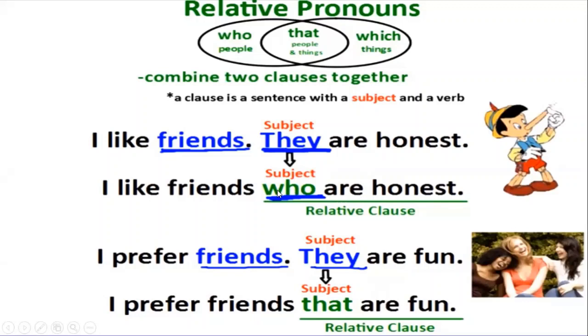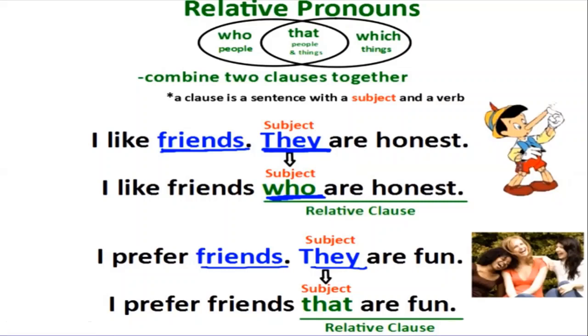If you have the combination relative pronoun and verb, then this is a subject relative clause, right? Like here, take a look, that are, relative pronoun, and immediately the verb. Who are, relative pronoun, and immediately the verb, right? So for this other reason, I can say that these are subject relative clauses. Now, let's move on. Is it clear so far?